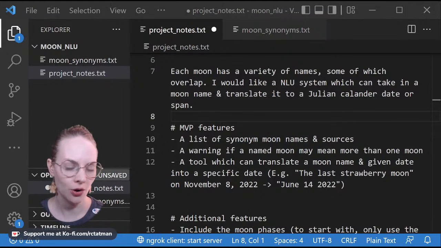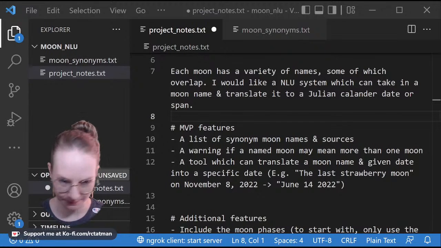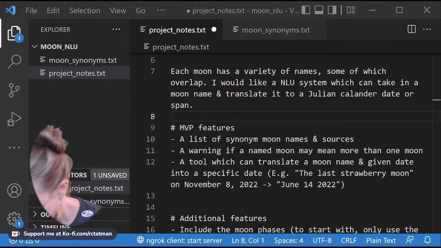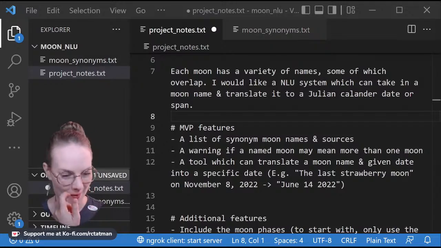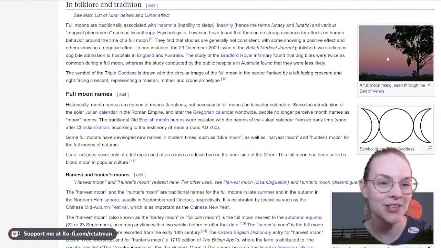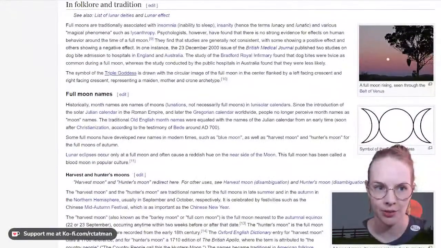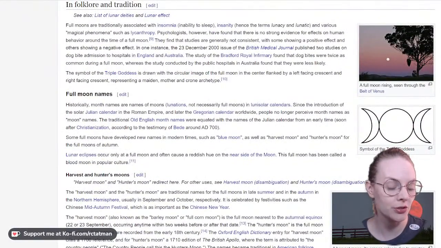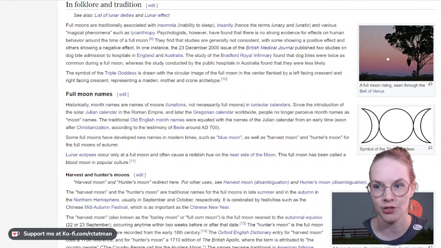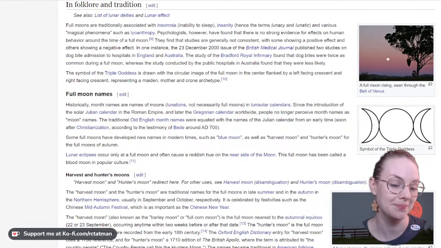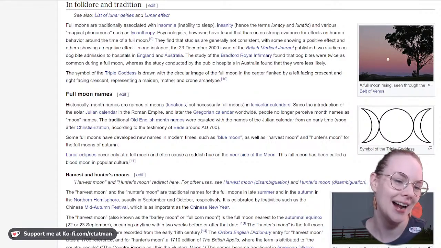So let's go to Wikipedia. Let me take you with me. Here we go. Let's go to Wikipedia and talk a little bit about some of the other traditions. So I mentioned that I'm mostly interested in the traditions of Eastern North America, particularly Southeastern North America.